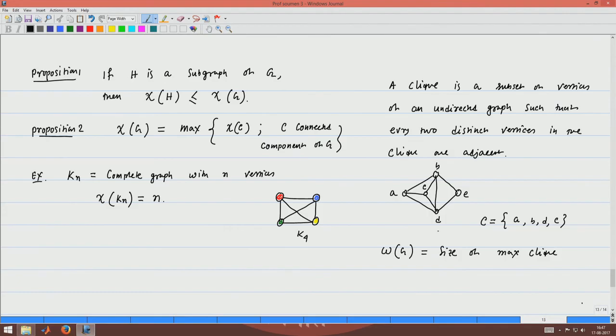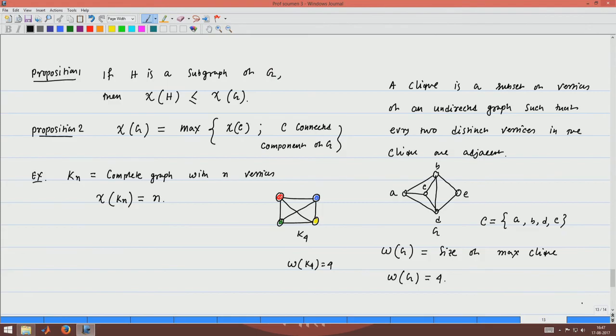Okay. So, in this graph G you can see that the size of the maximum clique is 4, the number of vertices in the maximum clique. So, omega of G for this graph is equal to 4, right. And this graph is itself a complete graph, so the clique number of K4 is 4 obviously.